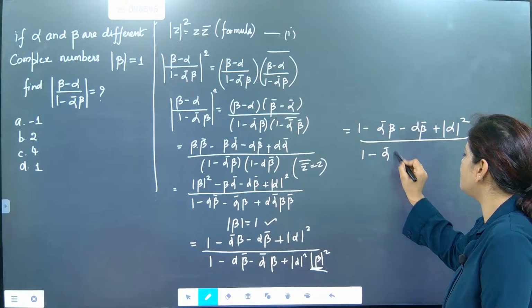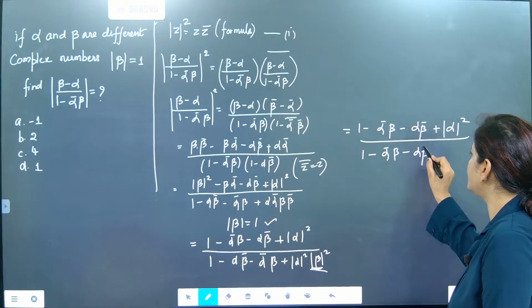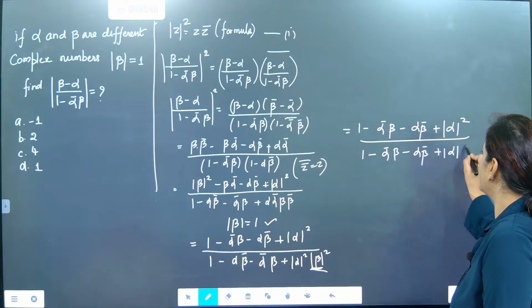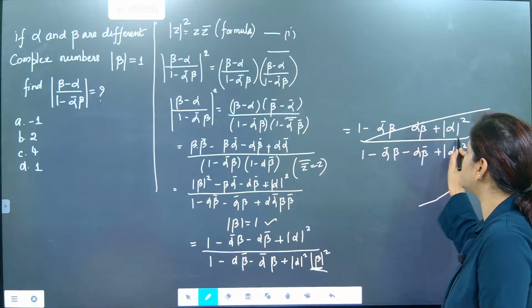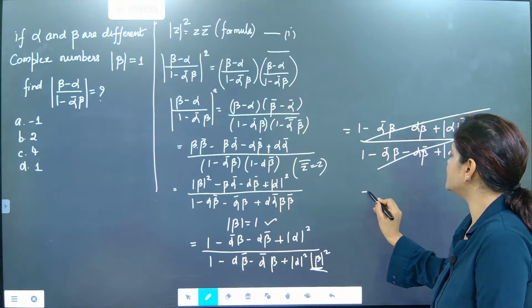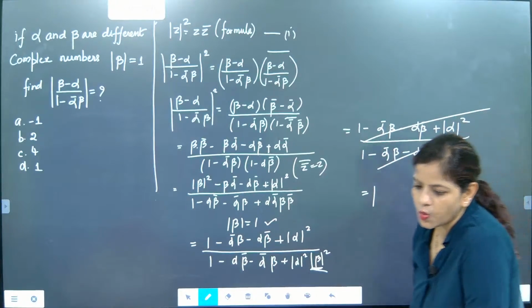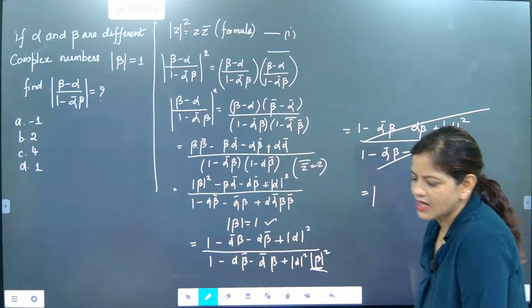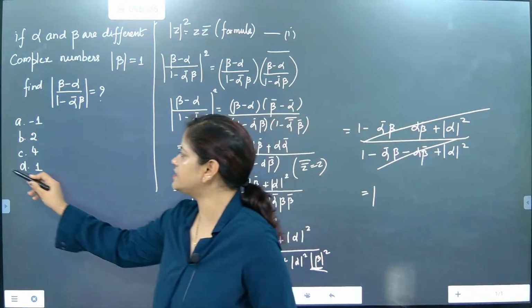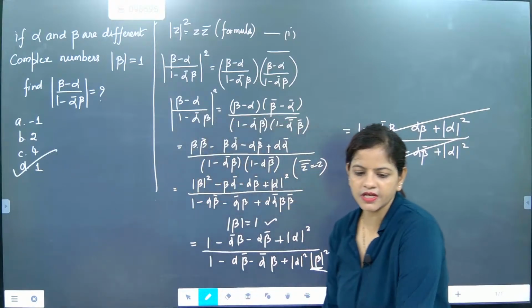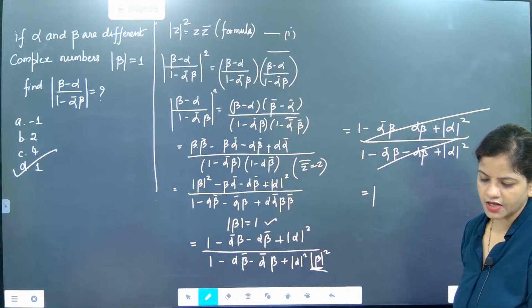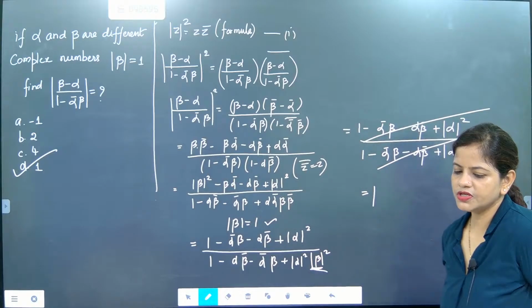So minus alpha bar beta minus alpha beta bar plus same. So here this will get cancelled. Once you cancel it, the answer is coming as 1. So beta, once you are getting the answer as 1, your option is D. Your option is D.